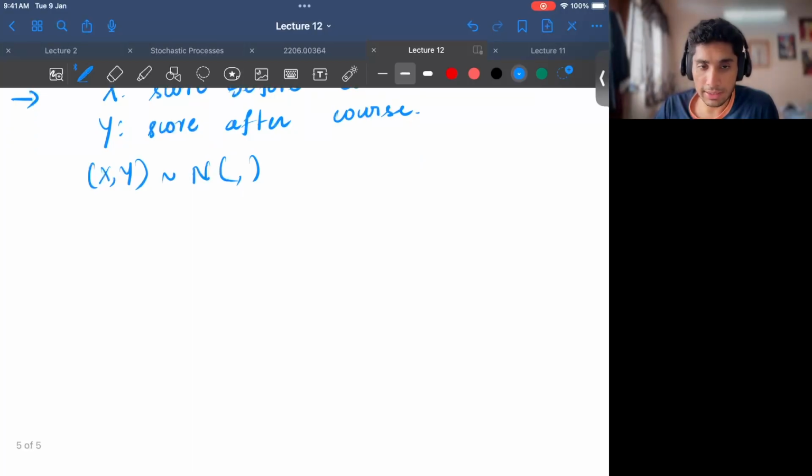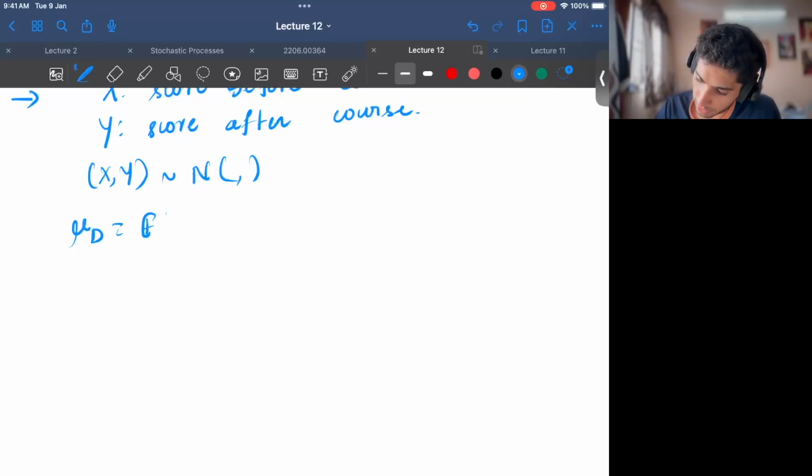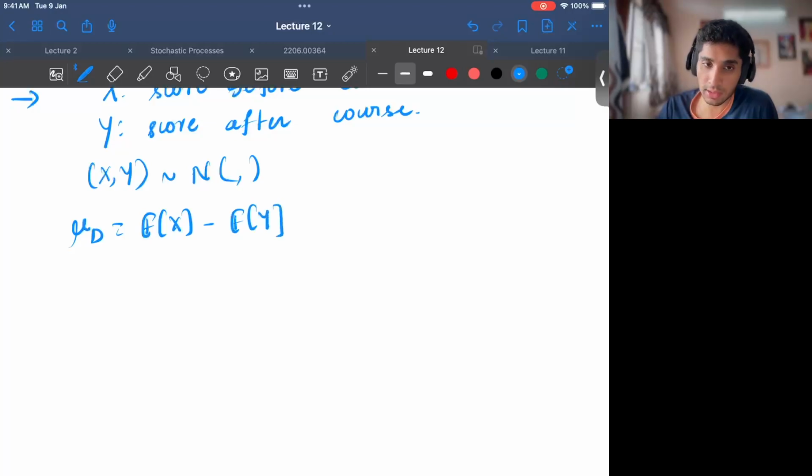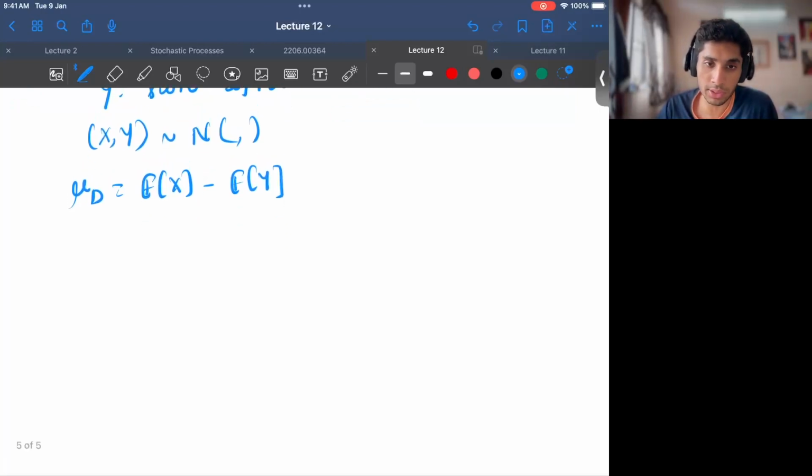The paired difference is defined as expected value of X minus expected value of Y. Let mu D be this thing. It is the difference between average scores before and after the course.